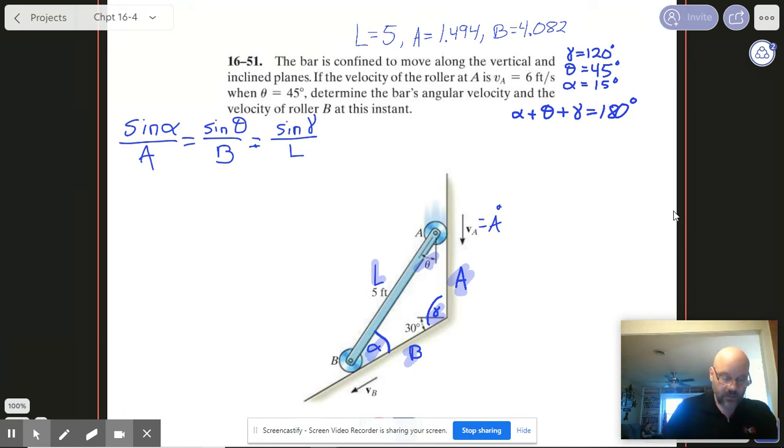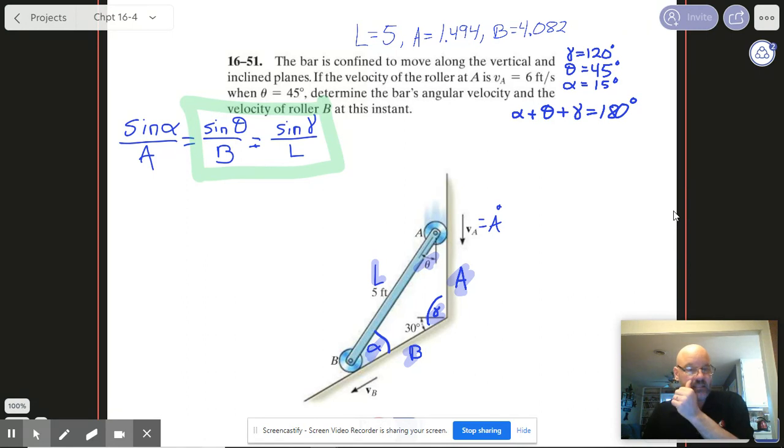So to go fishing there for theta dot, I'm going to focus on this relationship right here. Okay, sine theta is sine gamma over L, and we'll throw a B in there. And in fact, let me go ahead and rewrite that specifically.